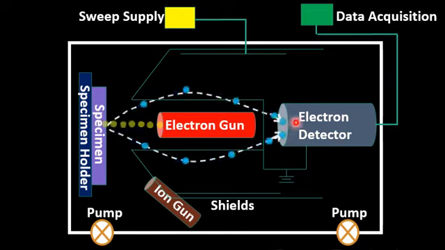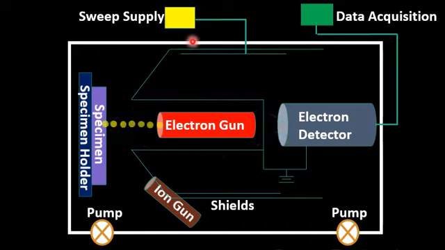The detector is also attached with a sweep voltage supply system to analyze the variation of voltage caused by the Auger electrons. Secondly, the electron detector of the Auger electron spectroscope is connected with a data acquisition system, and the data acquisition system collects the overall data of the Auger electrons incident on the Auger electron detector.